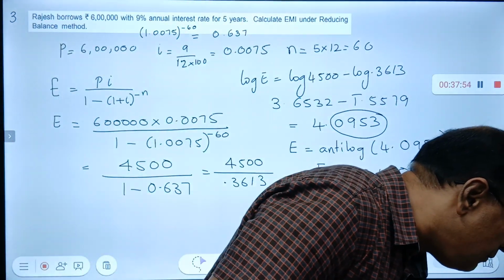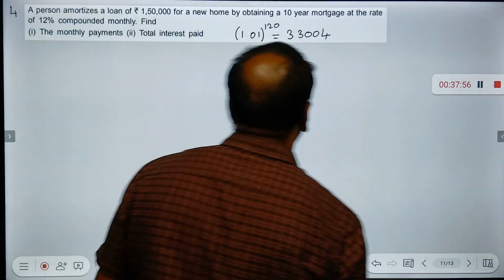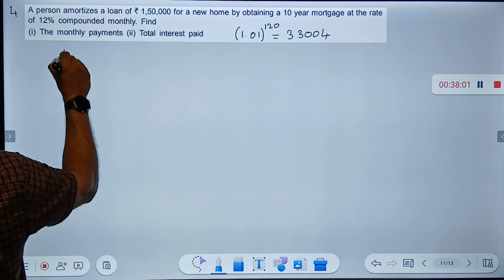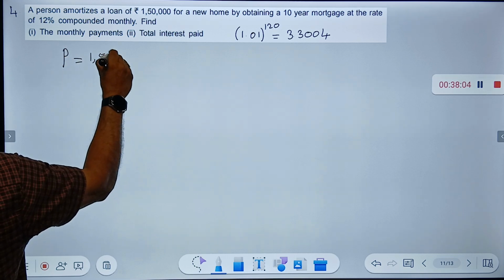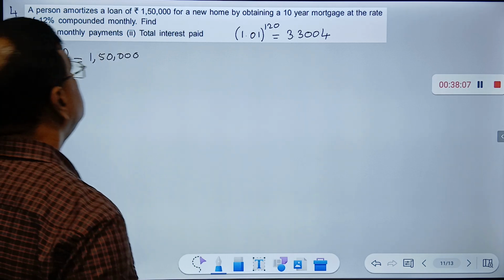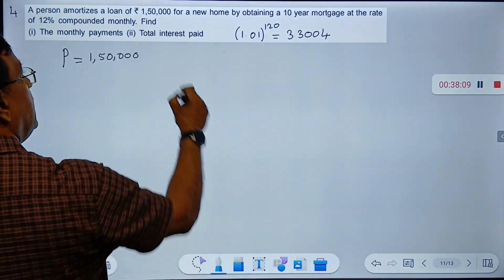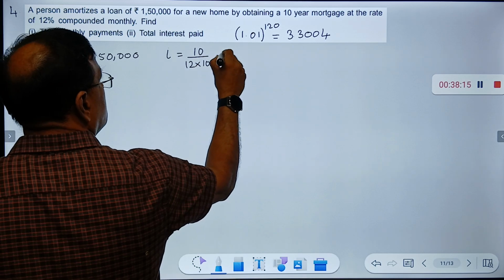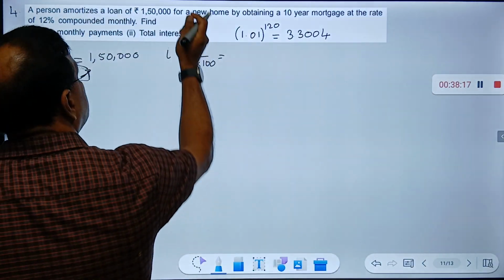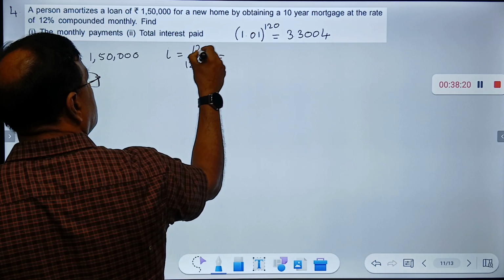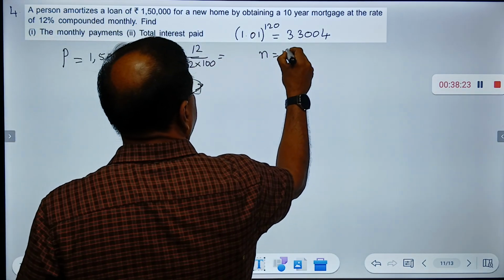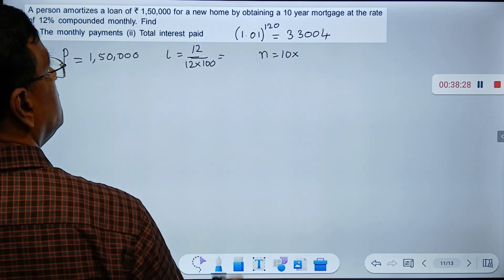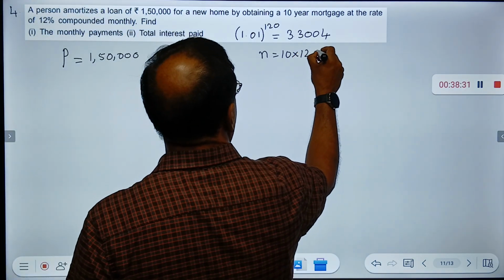Now let's go to question number 4. In question number 4, a person amortized a loan of 1,50,000 for a new home by obtaining an interest of 12%, so it is 12 by 12 into 100, and for the tenure of 10 years, compounded monthly, 10 into 12, which is 120.